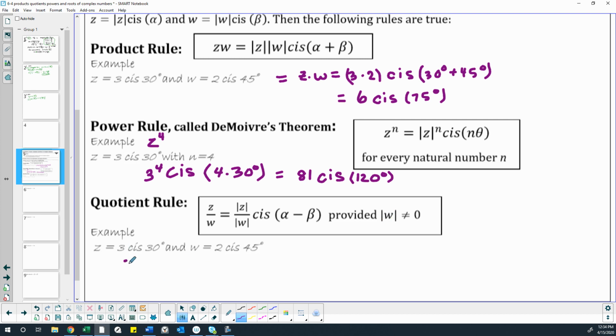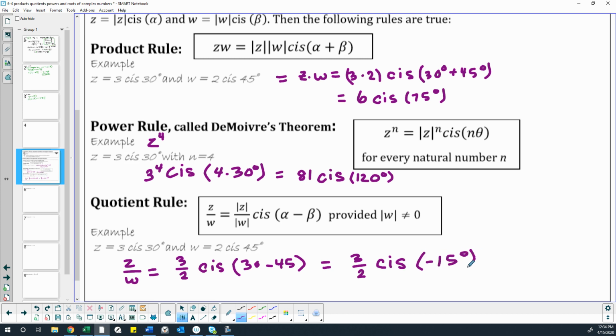So if we're finding z divided by w, we are doing 3 divided by 2 times the cosine plus i sine of 30 minus 45, which gives us 3/2 times cosine plus i sine of negative 15 degrees.